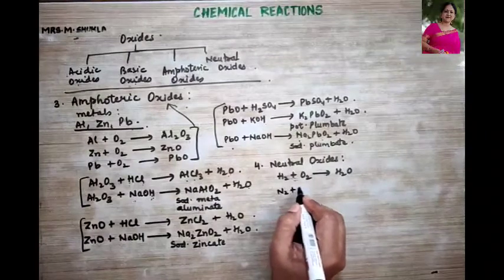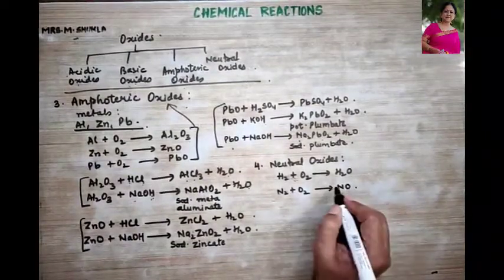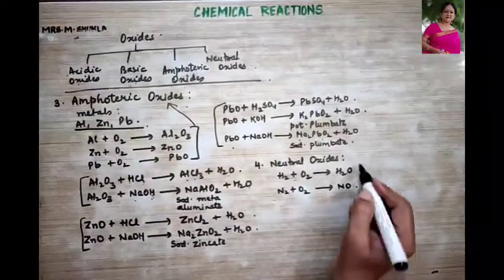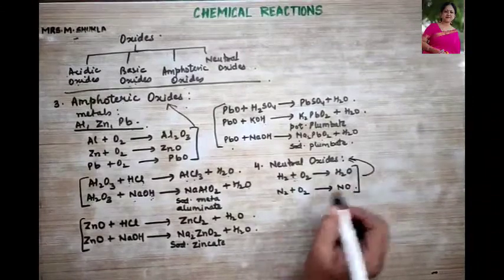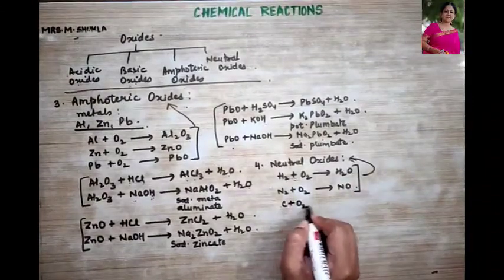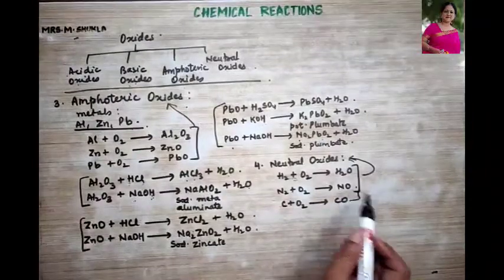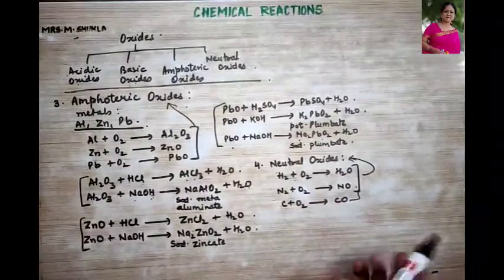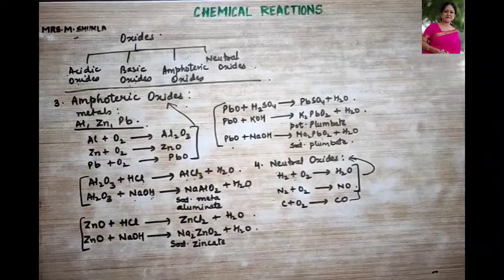Similarly, nitrogen will combine with oxygen to form nitric oxide. This is also neutral. So these two oxides are neutral oxides. Even carbon, when it combines with oxygen, forms carbon monoxide. Carbon monoxide is also your neutral oxide, but carbon dioxide is your acidic oxide. This is the difference between the two.